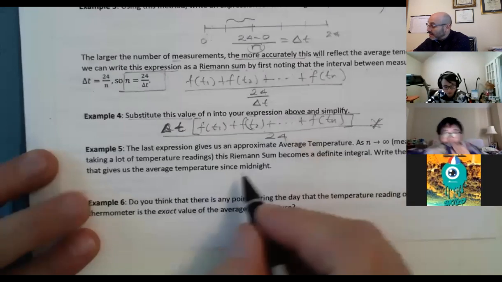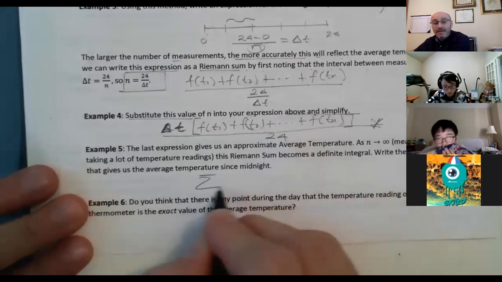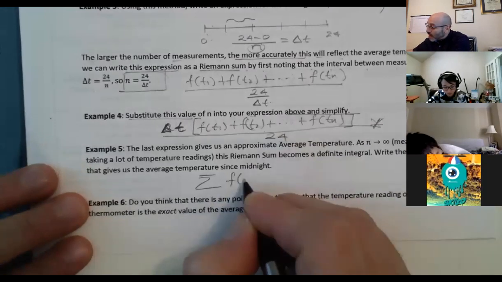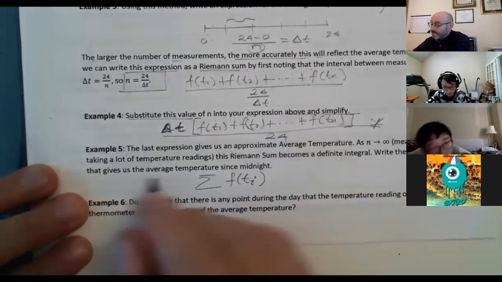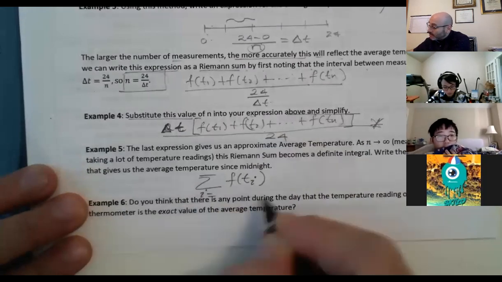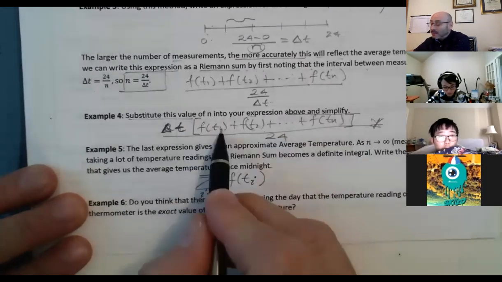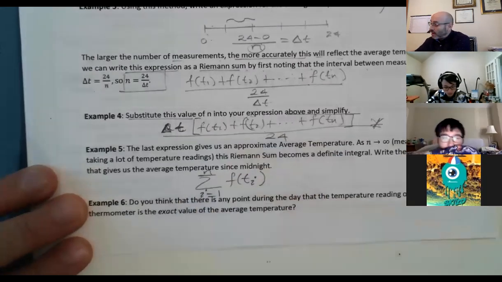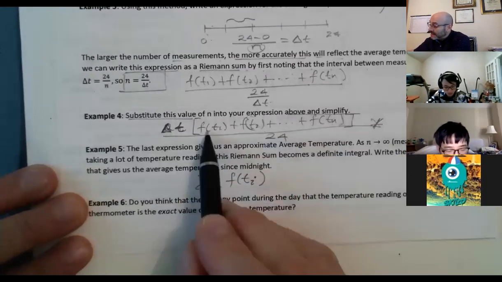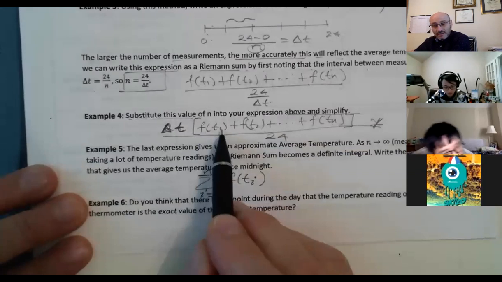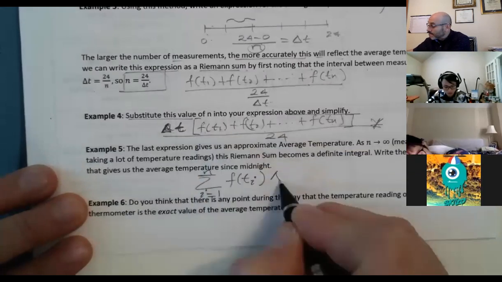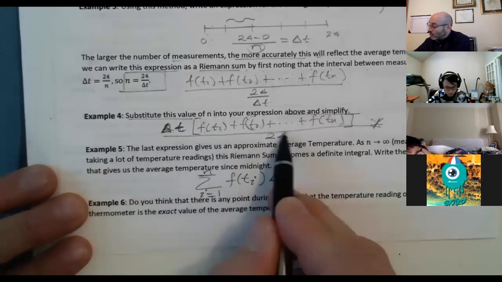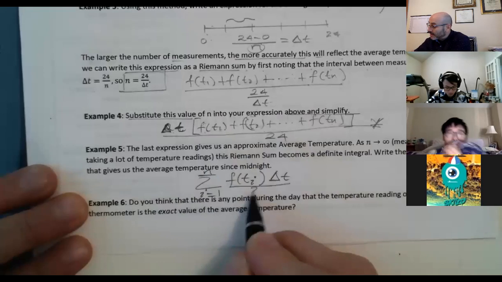I can say that this is the sum of f of t sub i from 1, because we started at 1, until n, right? Of what are we multiplying? f of t times delta t. But also there is a 24 here, so I'm gonna write it like that.